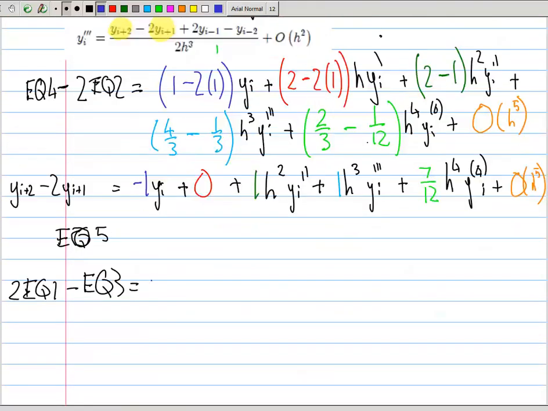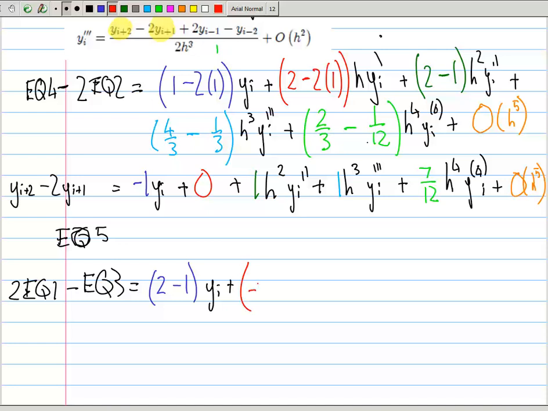But you can do this yourself on paper, and you'll see I just can't scroll up and down very easily on this. So when we do the second one, we'll end up with 2 minus 1 for our y_i term, y_i plus, let's do the red.